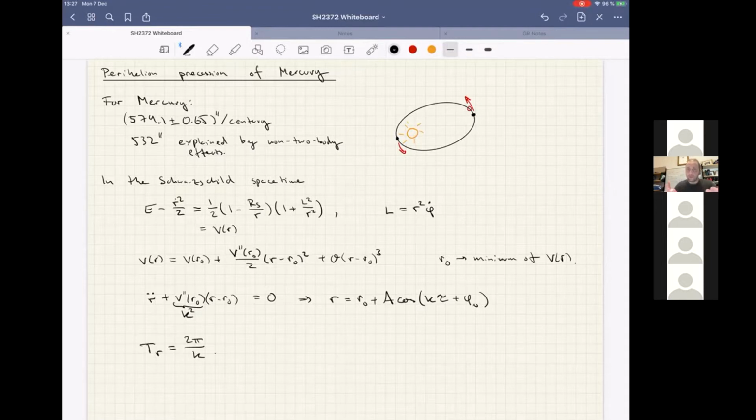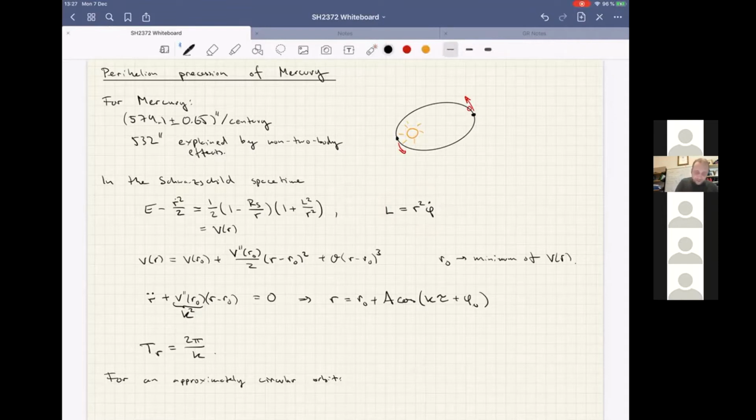What we can do now is compare this. If we have an approximately circular orbit, then R in this equation is approximately the constant R0.